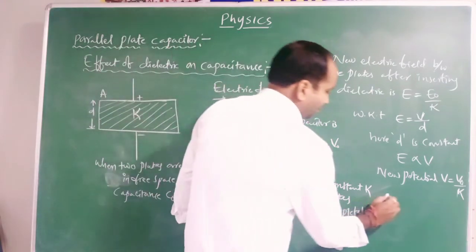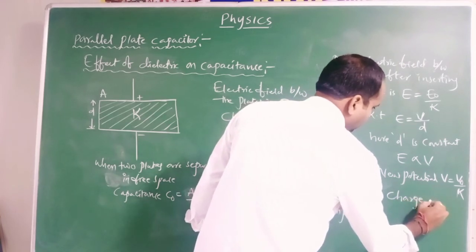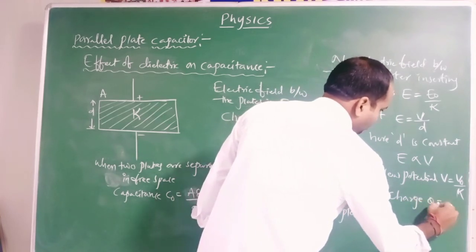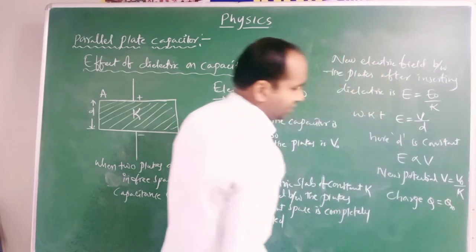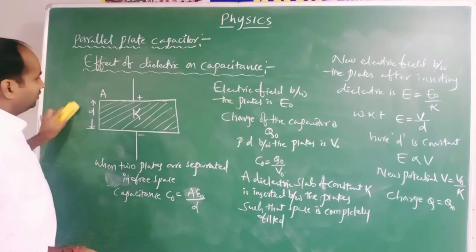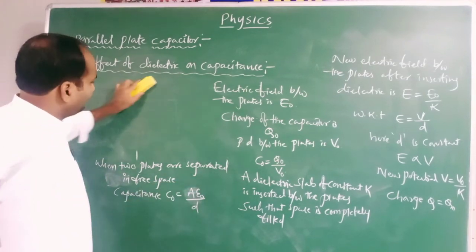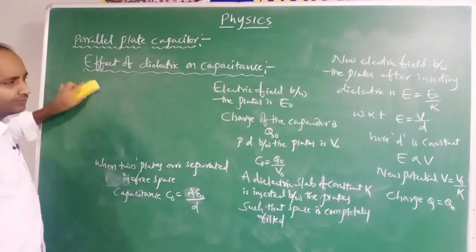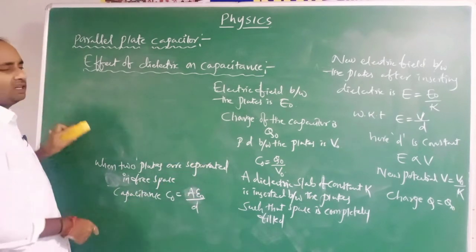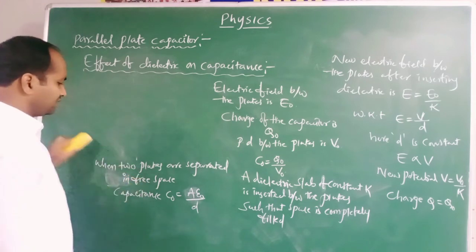The charge remains the same, Q equals Q naught. The potential value and electric field change, but the charge remains the same.